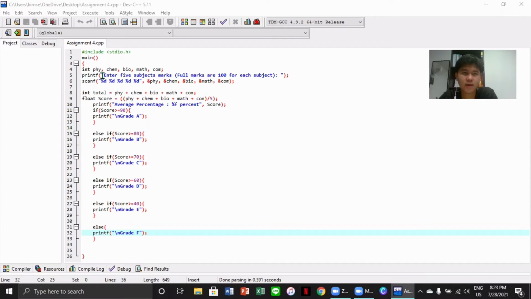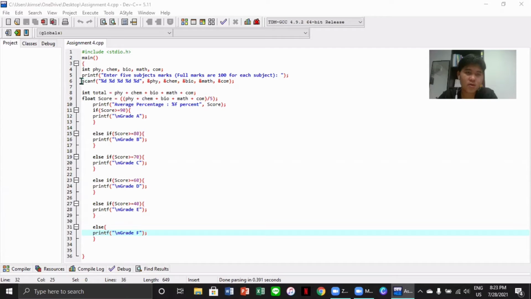And then we use printf to display a prompt to enter 5 subjects' marks. Full marks are 100 for each subject, and then we have to input the mark of each subject, 5 subjects, right?